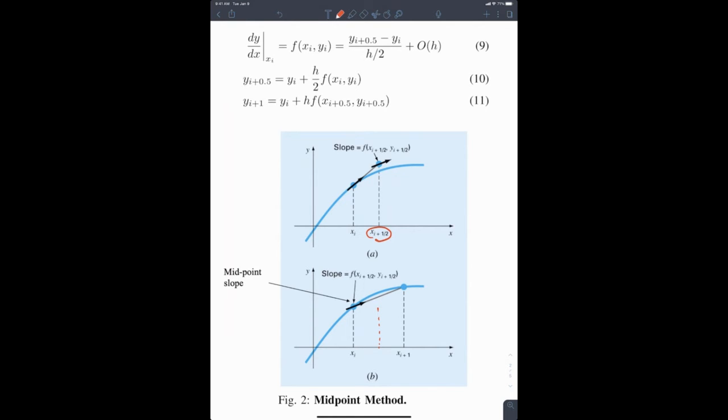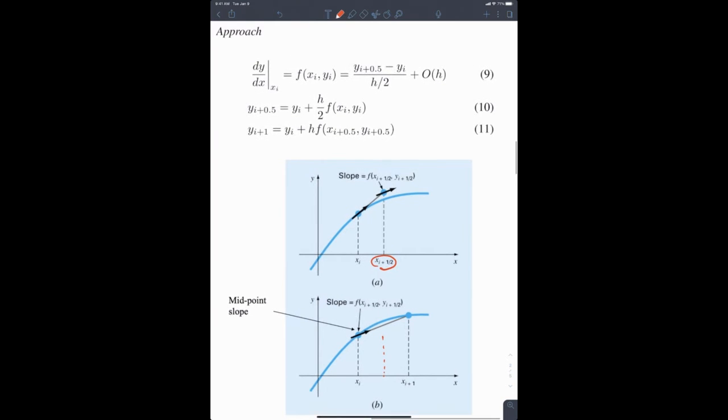We don't know that point. So how are we going to find the middle point? That is the first question. We always assume this h is known. If h is known, then the midpoint is known, which is indeed xi plus h by 2.